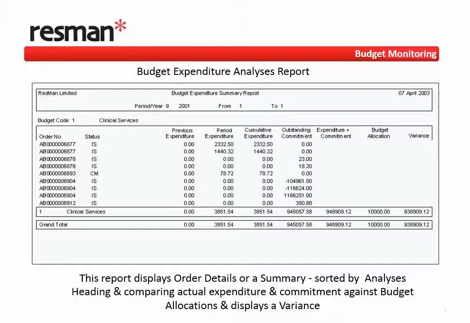We now have a sample of that, and as you can see, it's sorted by analysis heading, and it compares the annual expenditure and commitment against our budget, the allocation, and it displays on the right hand side a variance.